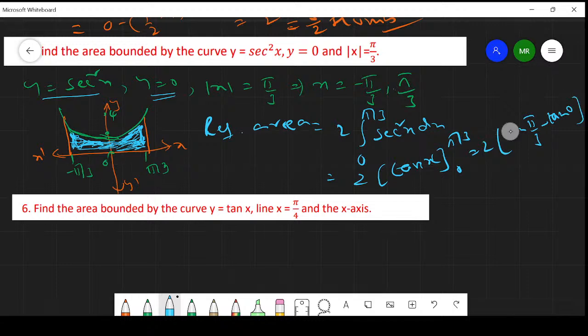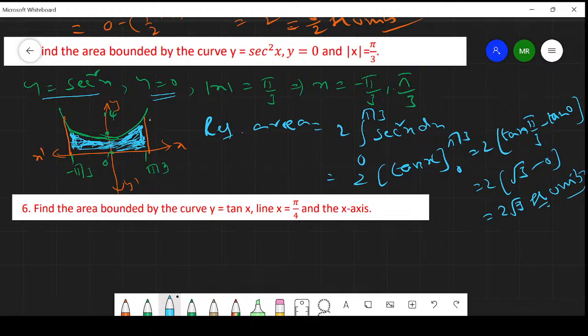Upper limit minus lower limit, just substitute. Tan pi by 3 is tan 60, you will get root 3. Tan 0 is 0. The answer is 2 root 3 square units. That will be your answer.